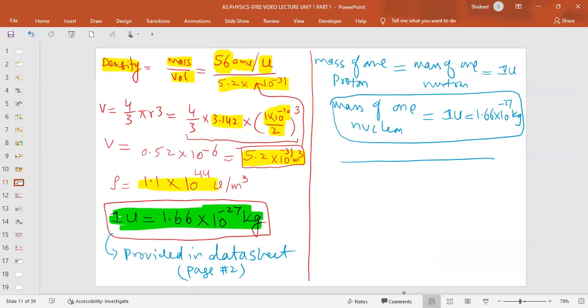So the density comes out to be 1.1 into 10 to the power 44 U per meter cubed, where 1 U is the mass of 1 nucleon, like the mass of 1 proton or 1 neutron. That is 1.66 into 10 to the power minus 27, and that will be provided in the data sheet. So the mass of 1 proton is equal to the mass of 1 neutron, which is 1 U, and the mass of 1 nucleon is 1 U, which is equal to 1.66 into 10 to the power minus 27 kg.